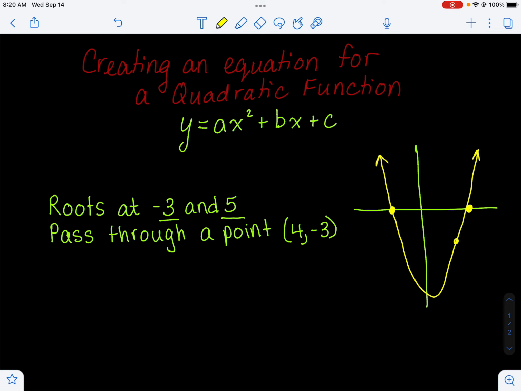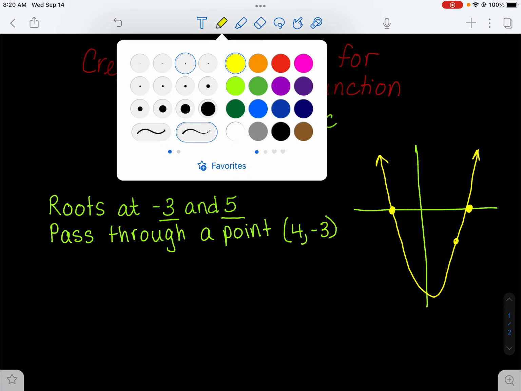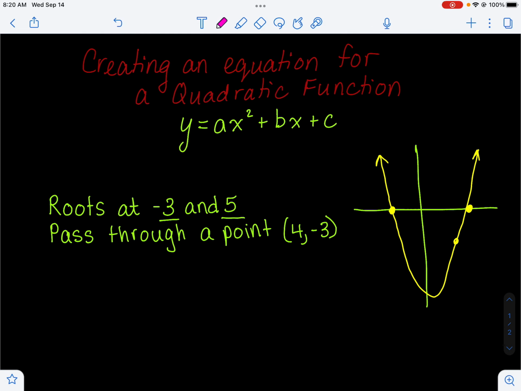So now your goal is to go whatever avenue you want to try to figure out the equation. Since you know your roots are at -3 and 5, you would actually be able to figure out where the axis of symmetry is, because the axis of symmetry is going to be right in between those.